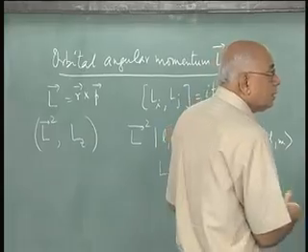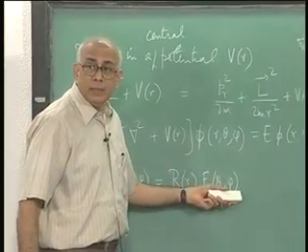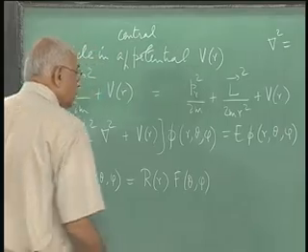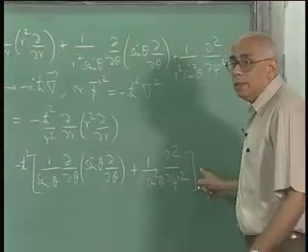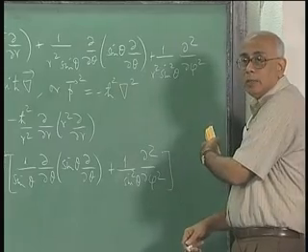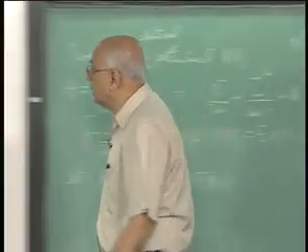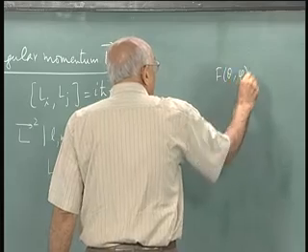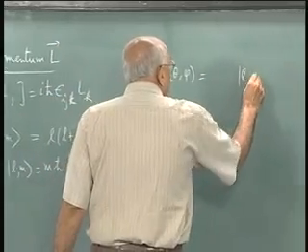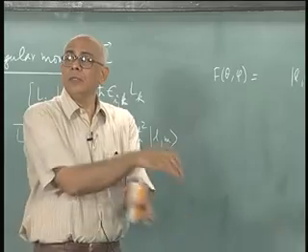It says that this function f of theta and phi must satisfy the equation. If I plug it in, L squared acting on that must give you l times l plus 1 on the other side. So this f of theta phi must satisfy that. Now what is this f of theta phi? You will readily identify it as simply the orbital angular momentum state |l, m> in the position basis.